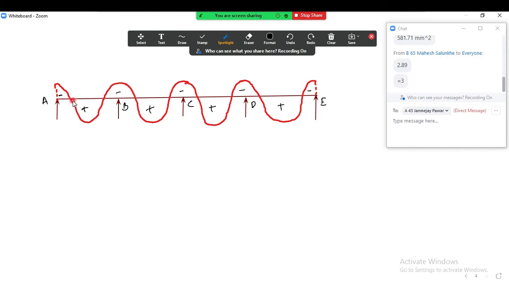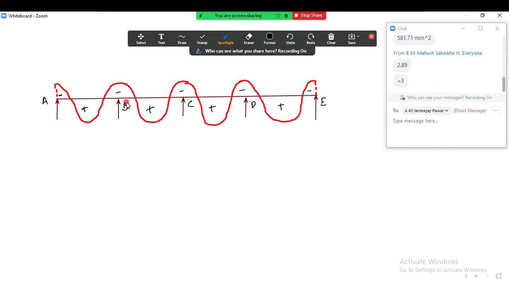At the midspan of the end span you can see the positive moment is there. Then support B and support D are called the supports next to end supports. Here you can see at point B and point D negative moment is there, that is the hogging moment.